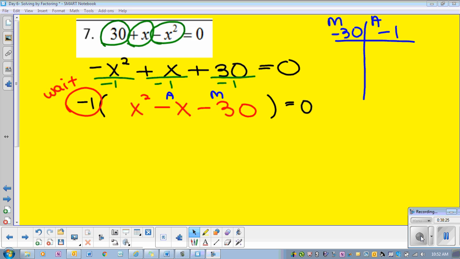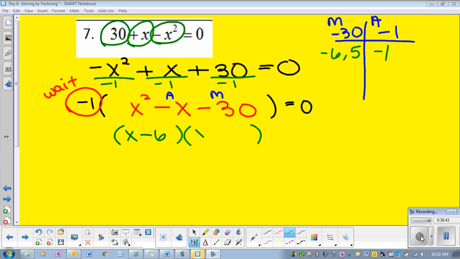All right, so for your two numbers, you should have negative 6 and 5. Isn't this just a plain old x squared? Yeah, so I can go straight into my double parentheses, the shortcut way. x minus 6 and x plus 5. Don't forget to bring down your GCF. What's your GCF? Negative 1.